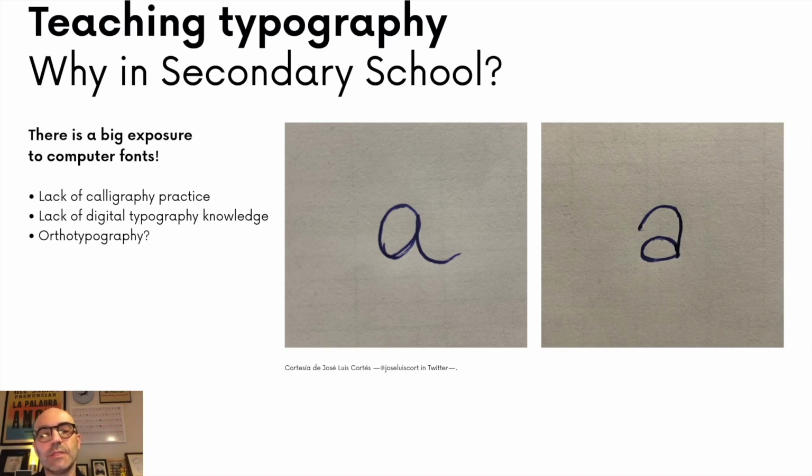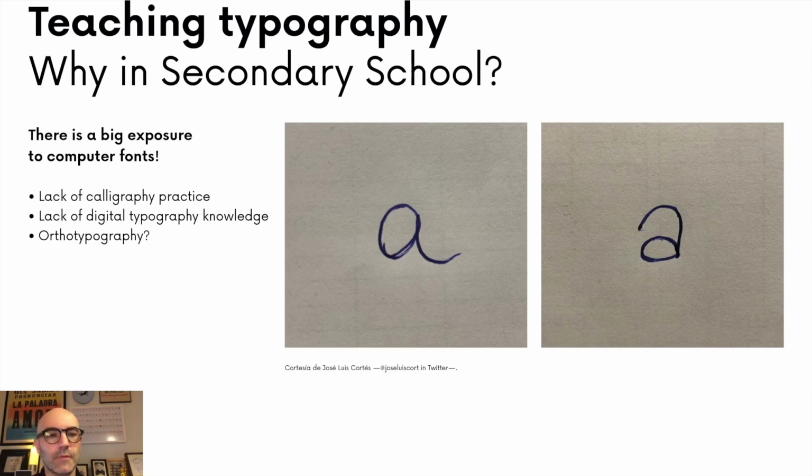They jump into it as users without knowledge of typography, orthotypography, or whatever. Also, there is a lack of calligraphy practice. They don't write by hand in everyday life. Some secondary school students only do handwriting when doing an exam.